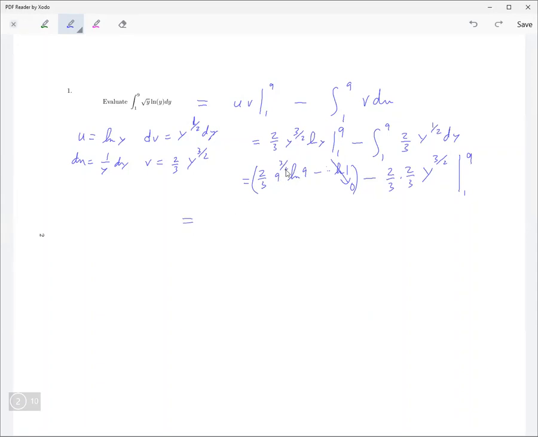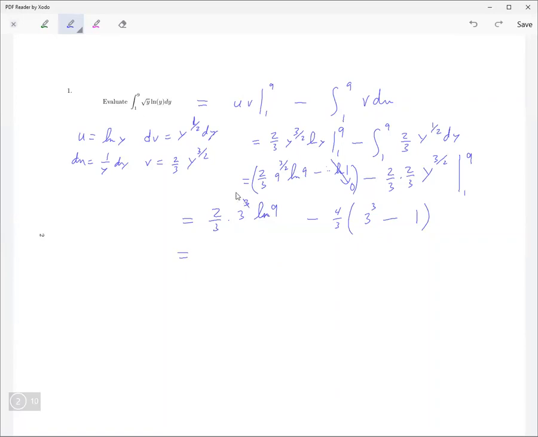9 to the 3/2 is, well, let's apply the square root first. This 2 in the denominator means to take the square root of that, so that's going to be 3 to the 3rd. And this combines to give you 4/3. Let's put a 9 in here, and that's going to be 3 cubed minus 1. Putting a 9 in here is the same thing as this, so it's 3 cubed.